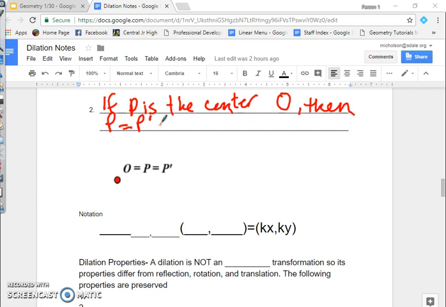If P is on the center of dilation, then it doesn't move, right? Because there's no distance away from the center to multiply. What's your distance away from the center if you are the center? 0. What's anything times 0? 0. The center of dilation doesn't move.